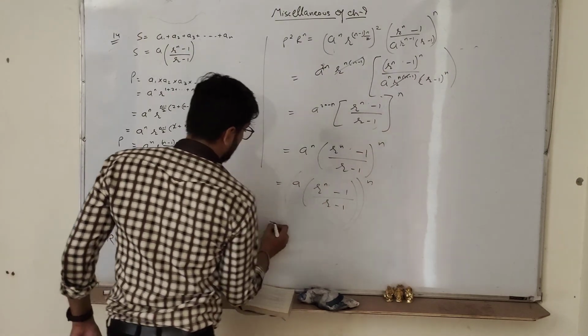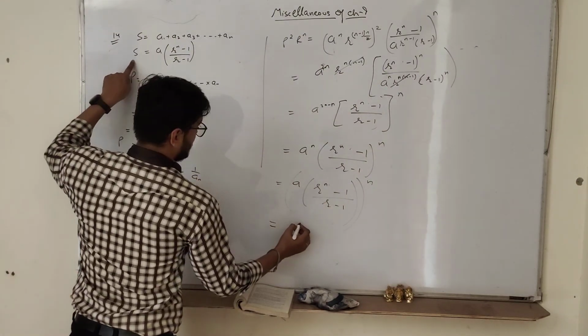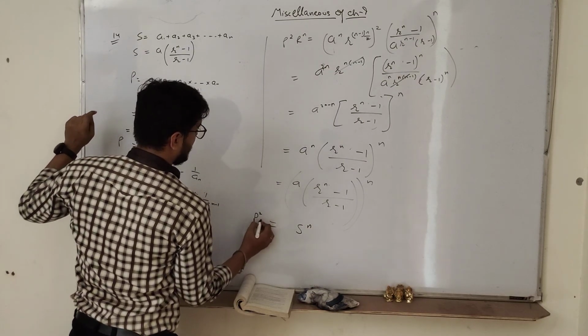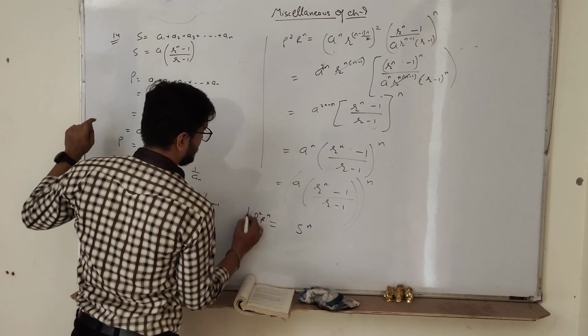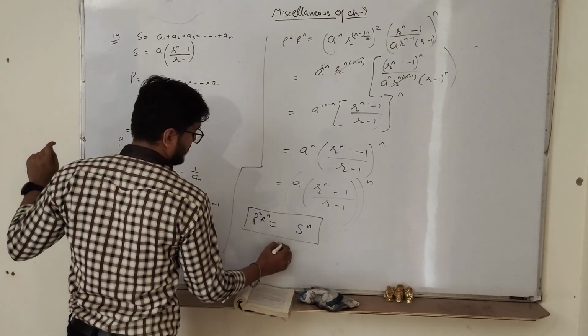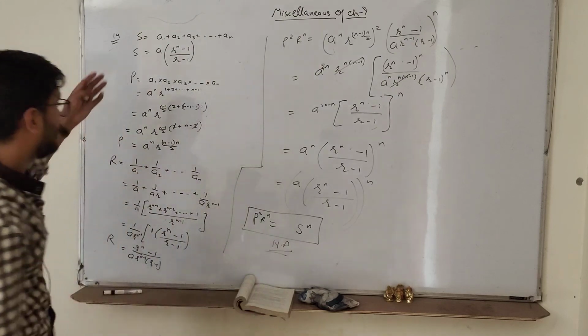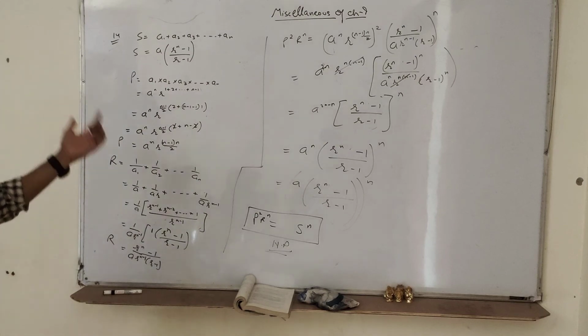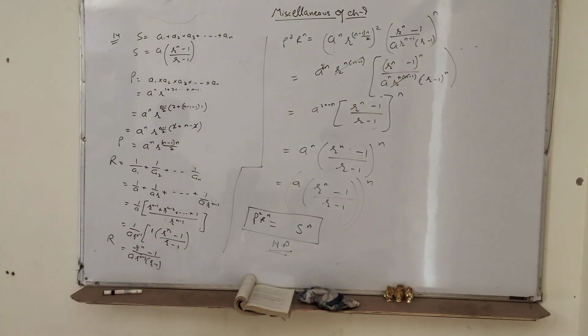So this value is equal to S raised to the power n, so we can say P square R raised to the power n is equal to S raised to the power n, hence proved. So simple, a step by step process is there, you have to follow that process and you will get to that answer, right. So this is question number 14, right. Please pause the video and note it down.